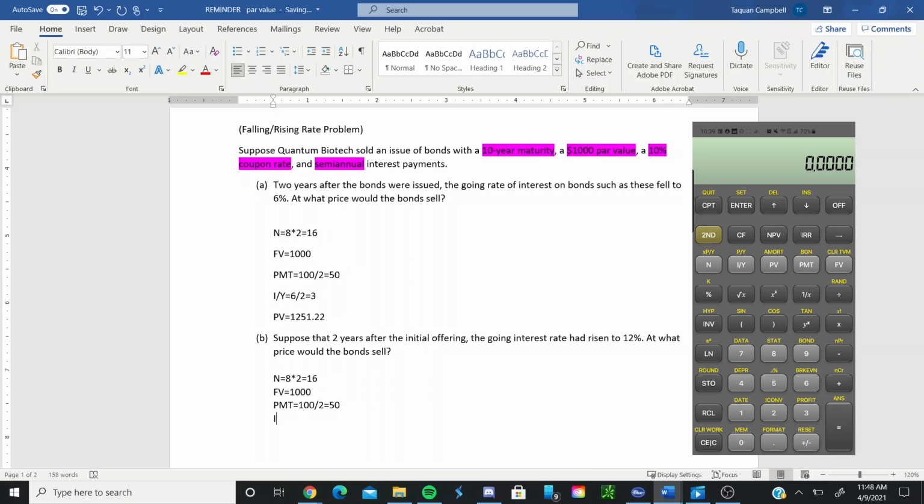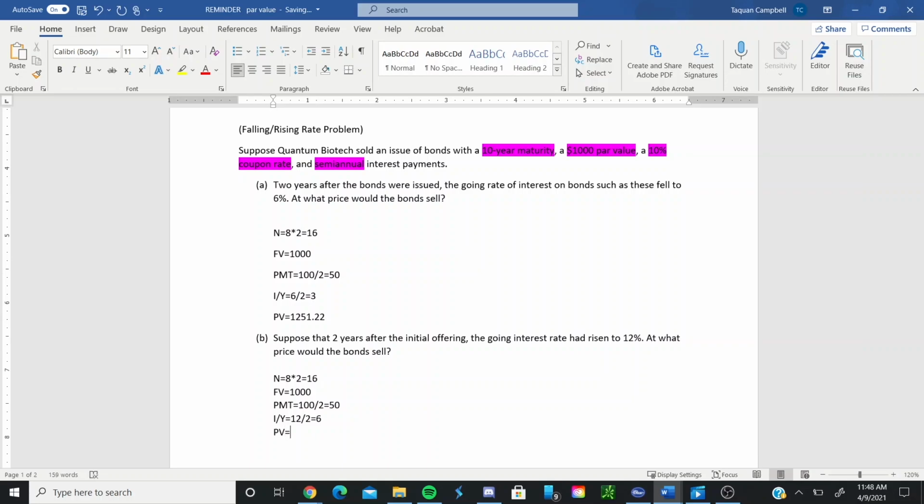As far as yield, again, you want to change this up. Instead of 6%, or 3% semi-annually, it will be 12%, since it rose to 12%. Then divide this by 2, and we get 6. And then we're looking for price.